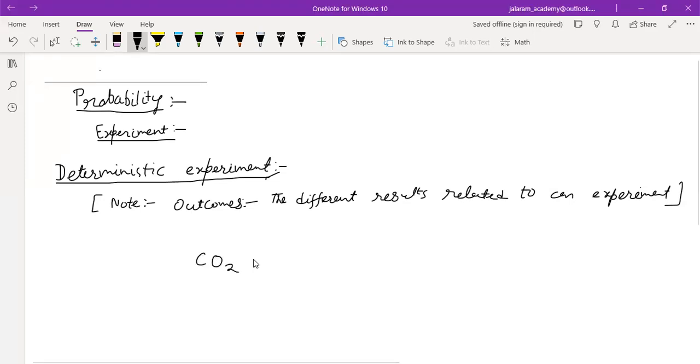I am asking only about the observations, not about the equation.